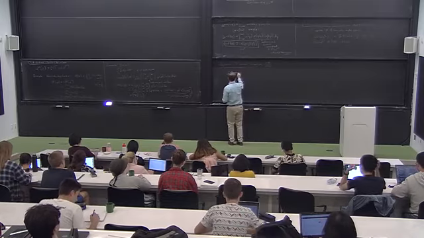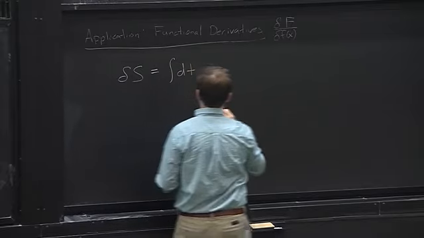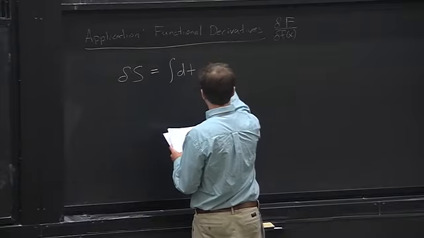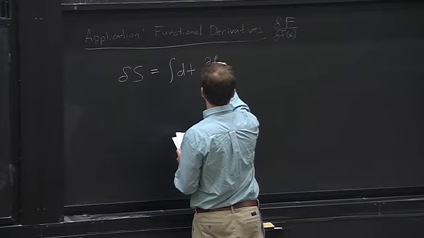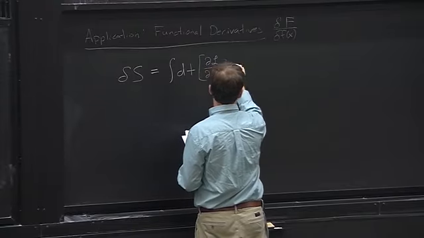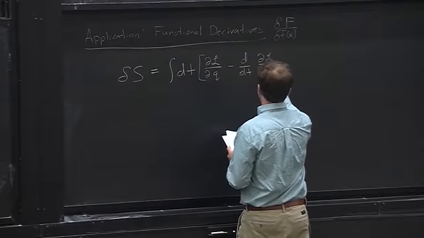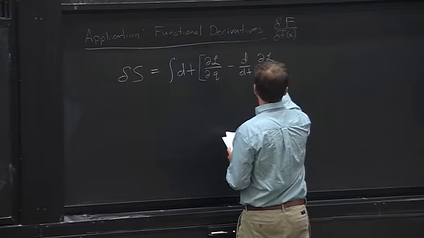And what you found in the simplest case was that the variation of the action was just the partial derivative of the Lagrangian with respect to q minus d dt of partial L partial q dot.